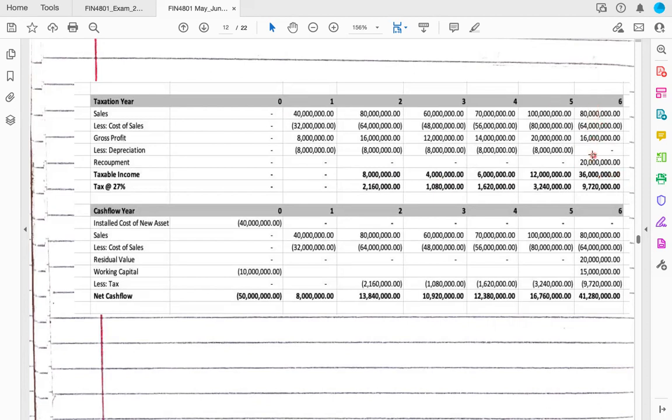We get gross profit less depreciation. Adding recoupment, we get our taxable income. Then we multiply our taxable income in each year by 27% to give us our tax expense, right? And then once we've got our tax expense, we can proceed to the next part of the calculation, okay?